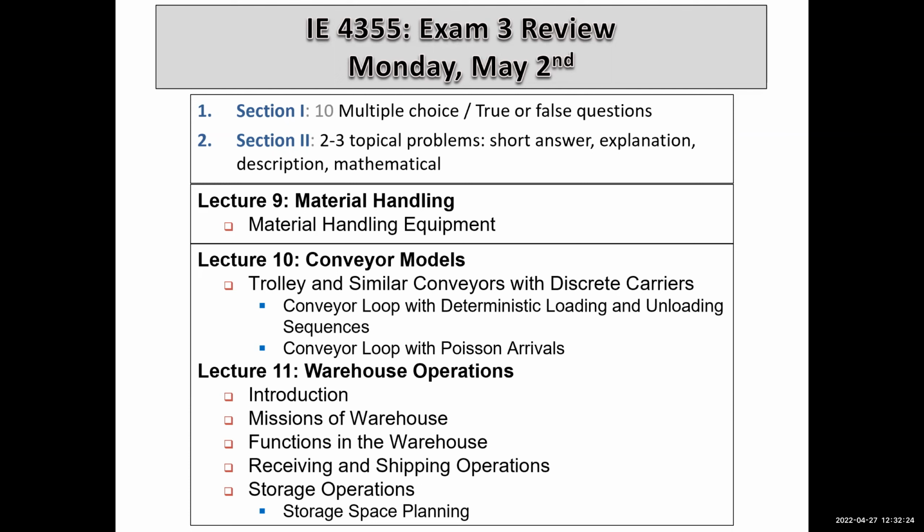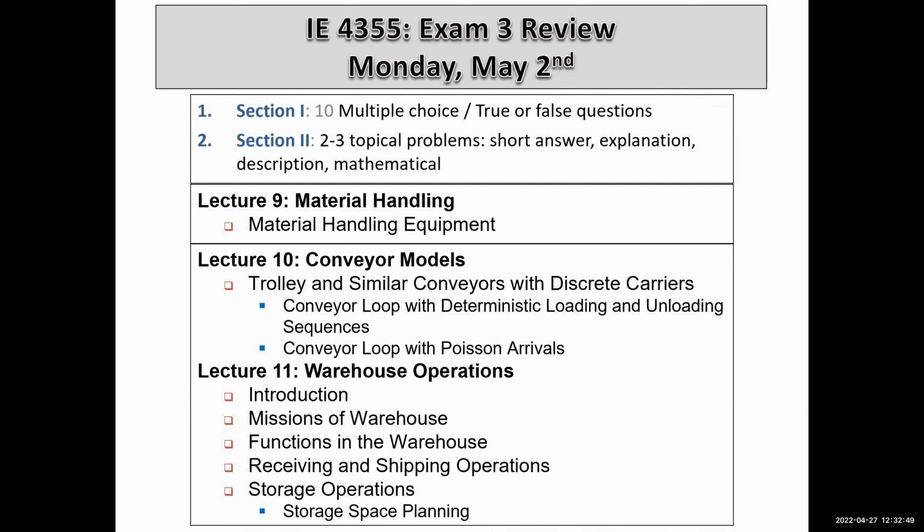So material handling is the first lecture. We started this third part of the semester looking at the material handling part of the facilities design, that component. So we spent some time looking at the different types of material handling equipment that is available for facilities.